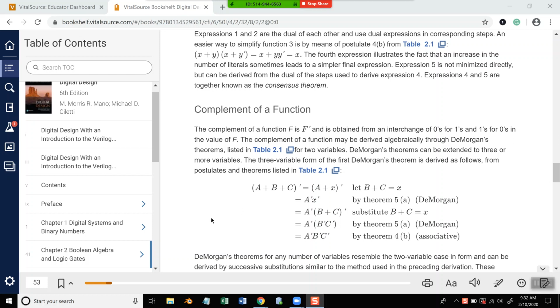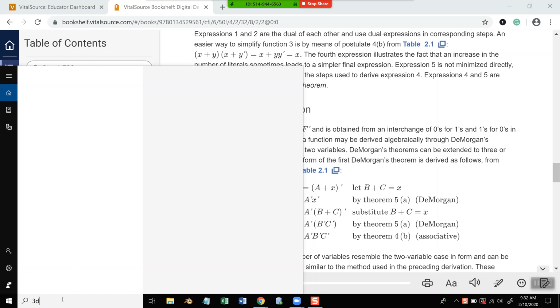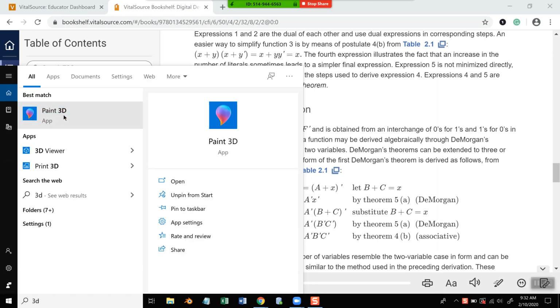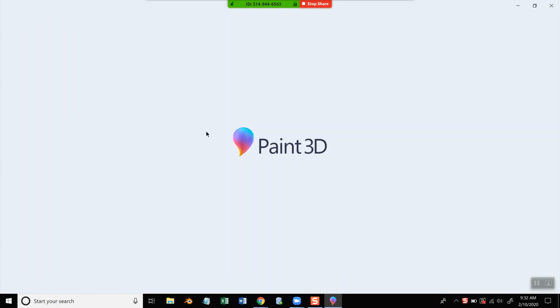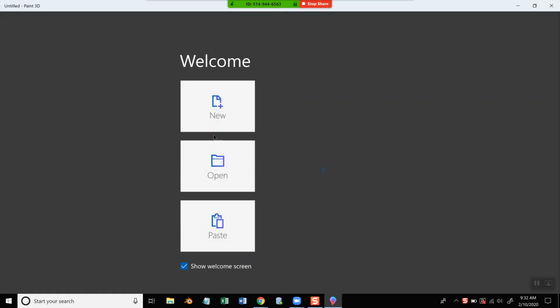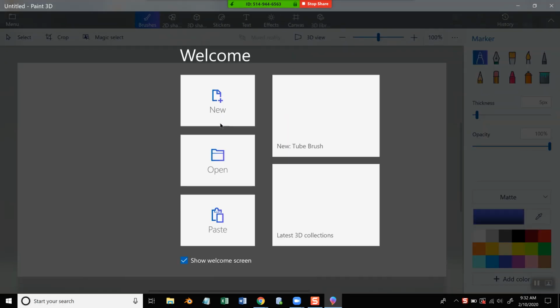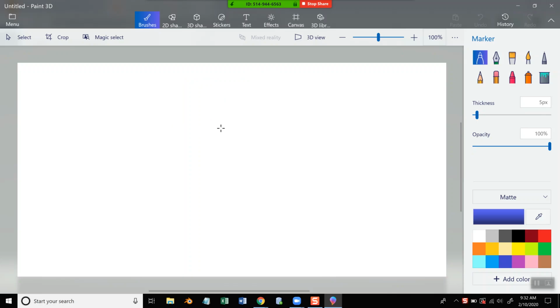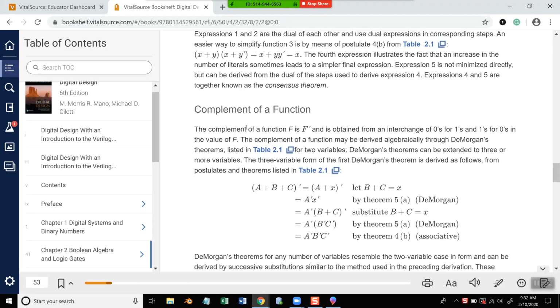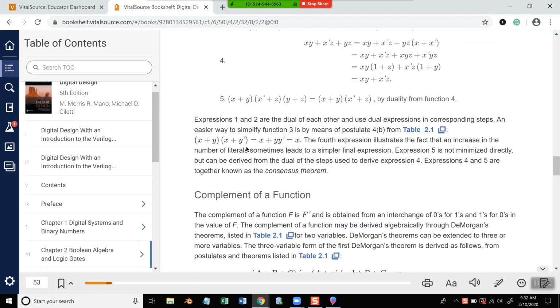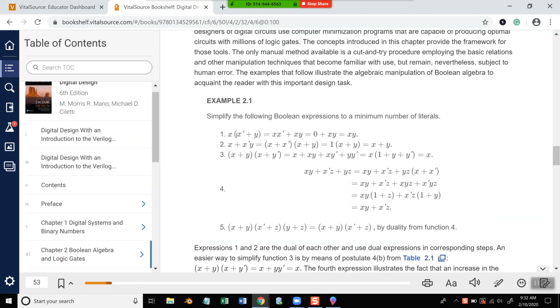Well, let's continue on in the chapter. Last time we were talking about algebraic simplifications here.